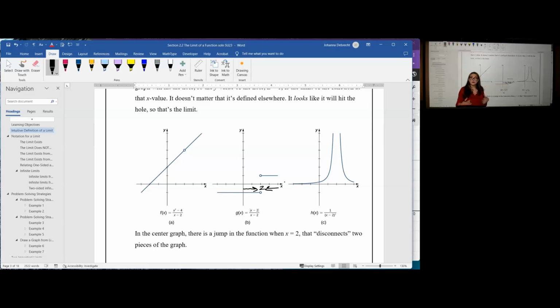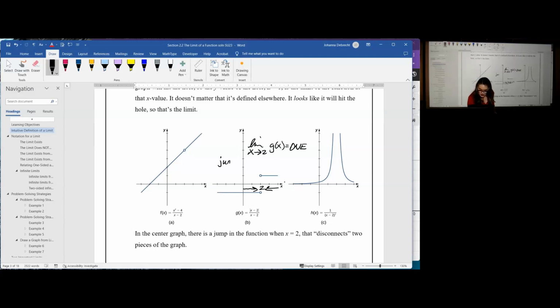That means they don't agree. And because they don't agree, we say the limit does not exist. The limit as x approaches 2 of g of x does not exist. And we write DNE. What we have here in the graph is what's called a jump discontinuity.